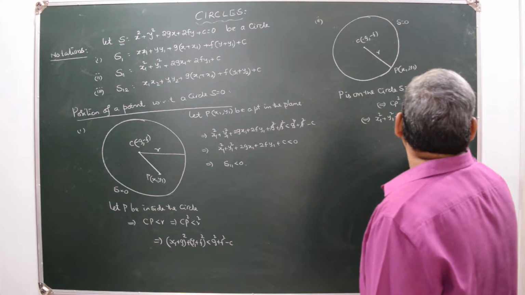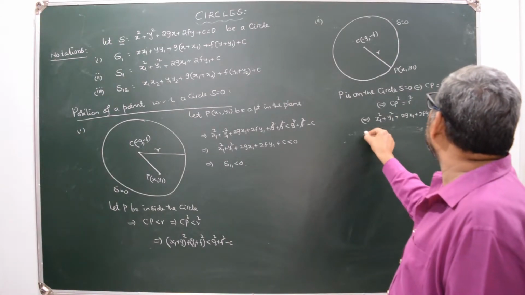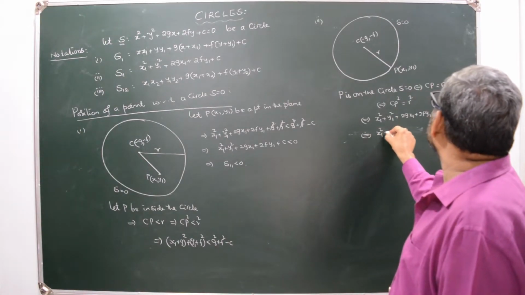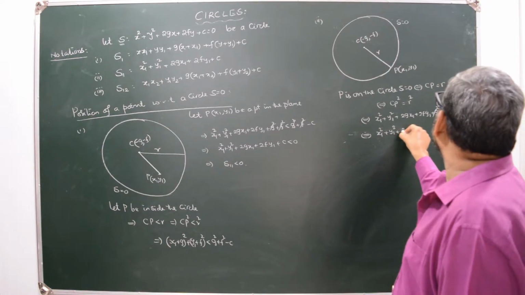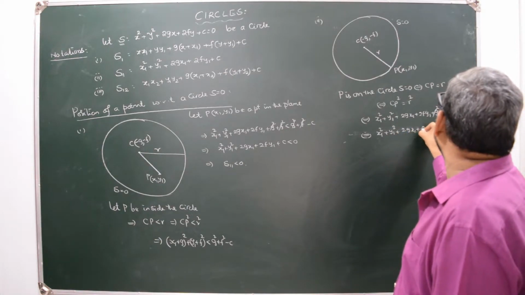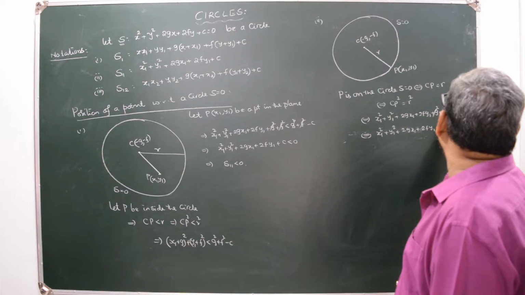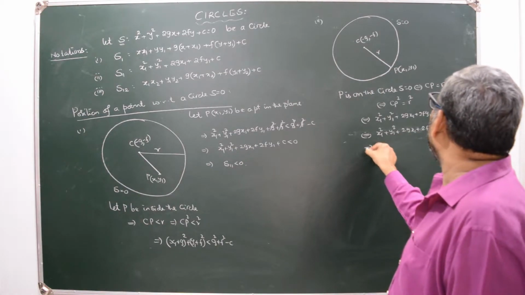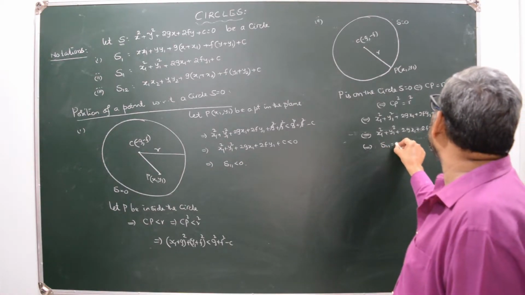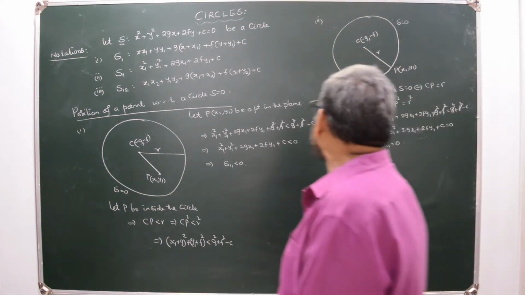You can cancel these two. This is equivalent to x1 square plus y1 square plus 2g x1 plus 2f y1 plus c equal to 0, which is equivalent to S11 equal to 0. This is the second condition.